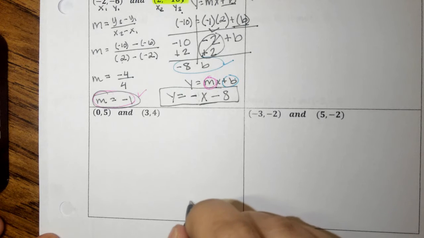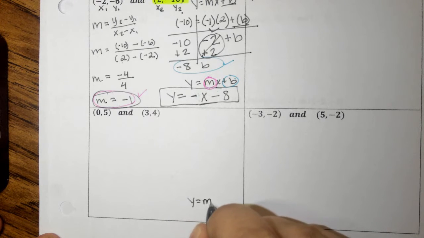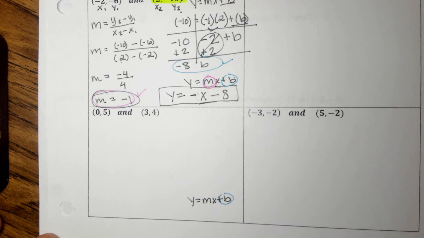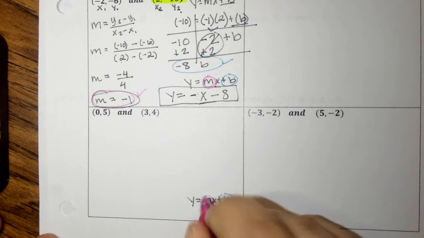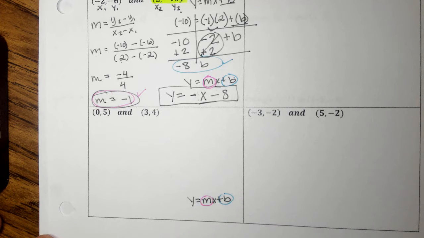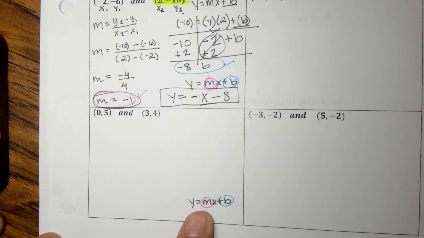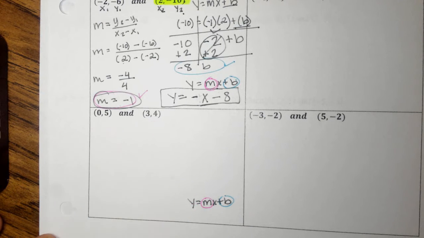Now my goal is to write y equals mx plus b, replacing the y-intercept b with a number and m with a number. I don't know either of those things yet, or I don't think I do, but I know how to find slope when I have two ordered pairs.